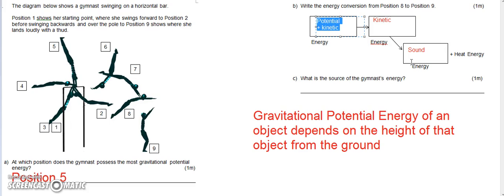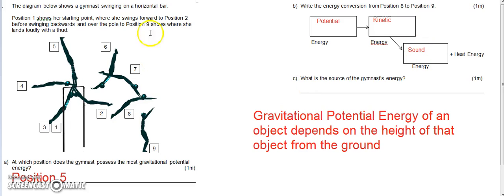But if you were to put just kinetic energy, or just potential energy, I think you are correct too. It's just that I think it's not just potential energy here, but also potential plus kinetic. So there's a possibility of that answer there. Alright, so potential energy is converted to kinetic energy, and it is converted to sound plus heat energy.